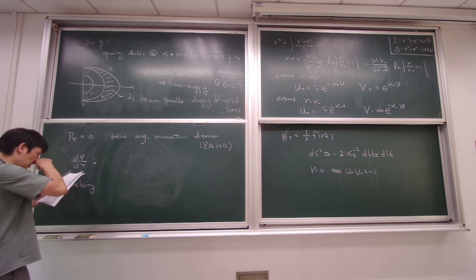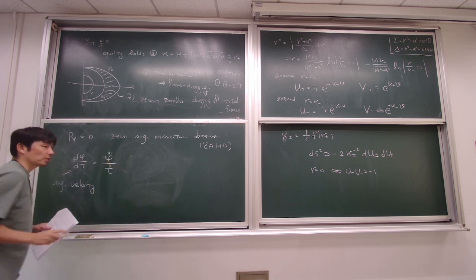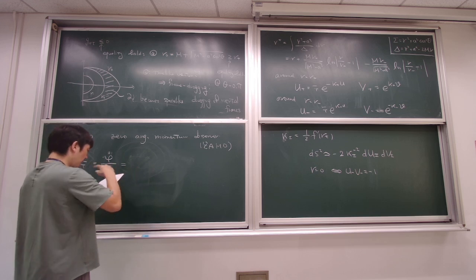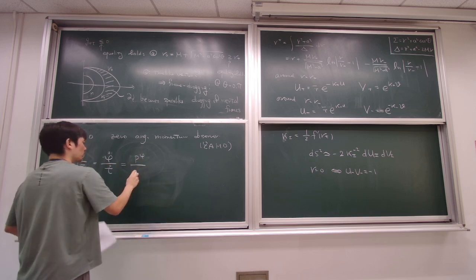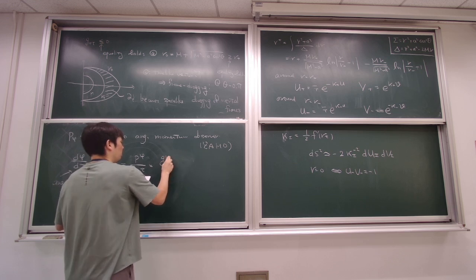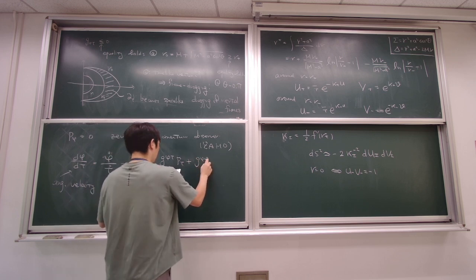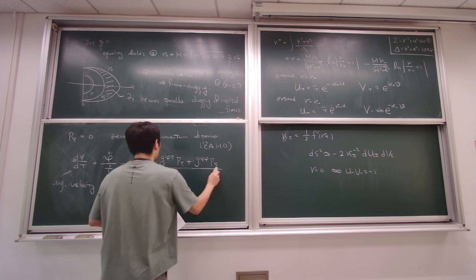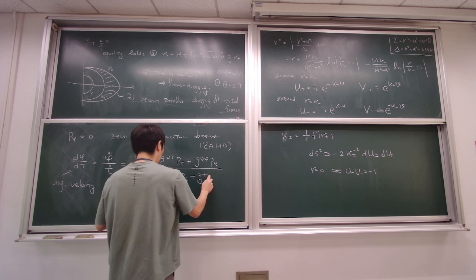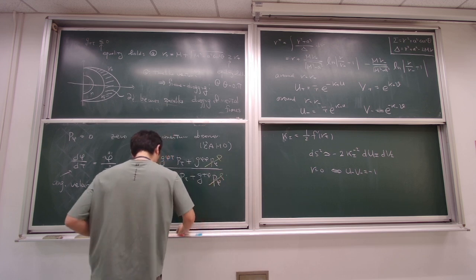This can be written as phi dot over t dot, where dot means the derivative with respect to proper time, and then g_phi phi p_phi, and here g_tt dt plus g_t phi p_phi, which we said is equal to 0.